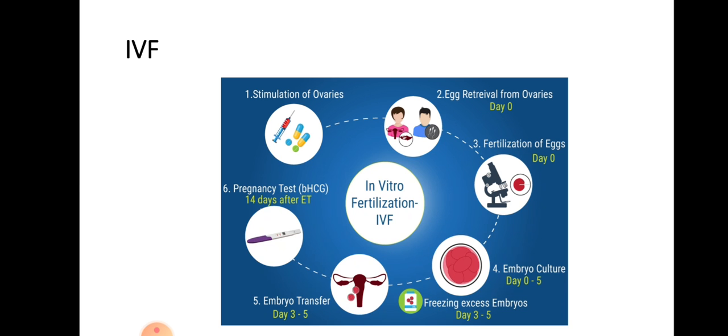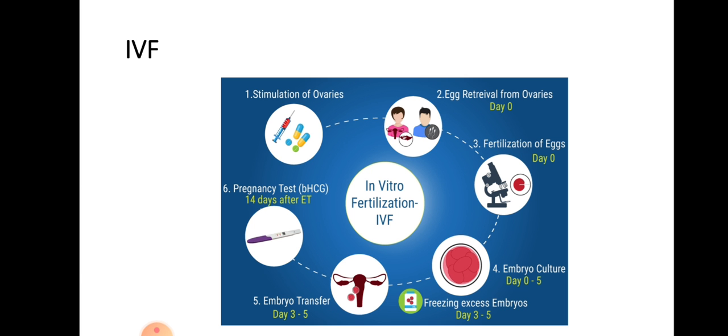After this, any one of the sperm will be injected into the egg. Then within the test tube, the zygote will form. The fertilization takes place, and after that the zygote is formed. Then they will give some time to develop the embryo.